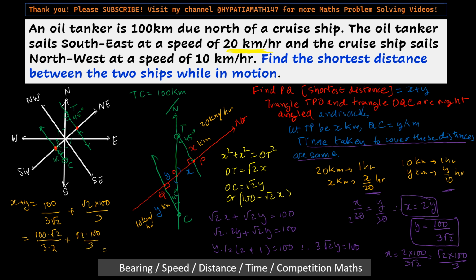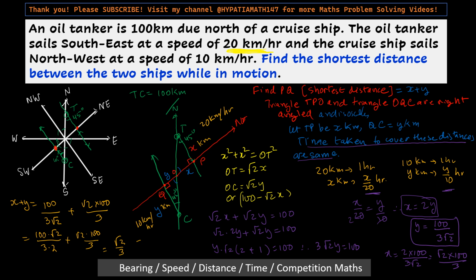So if I take root 2 out of 3, I would get 50 plus 100, and that is equal to 150 times root 2 out of 3.